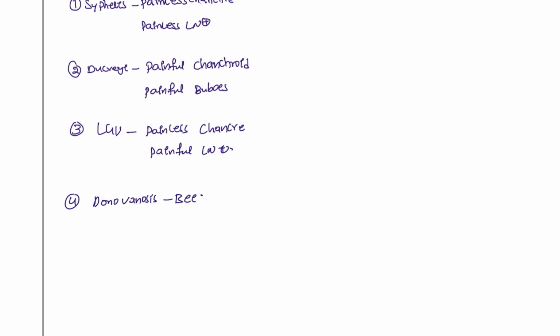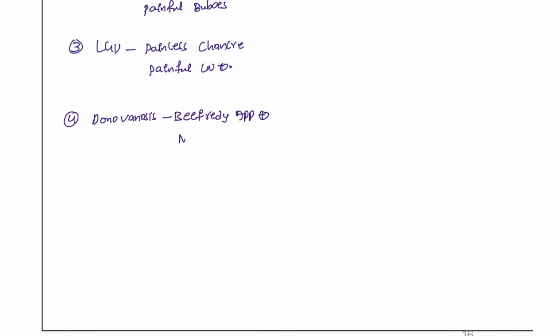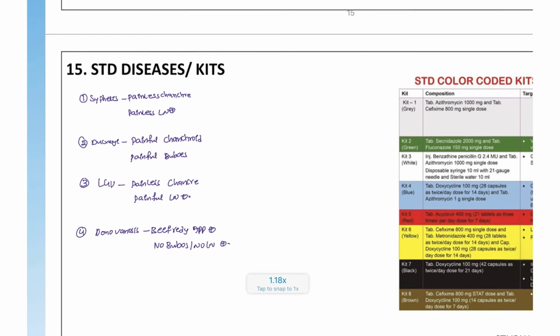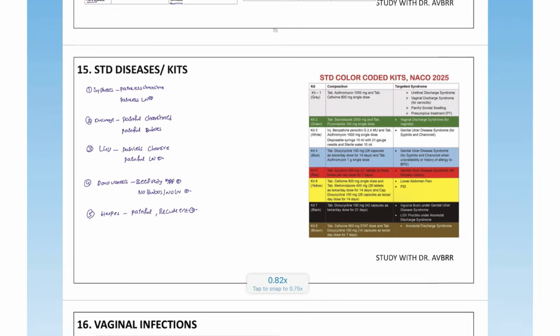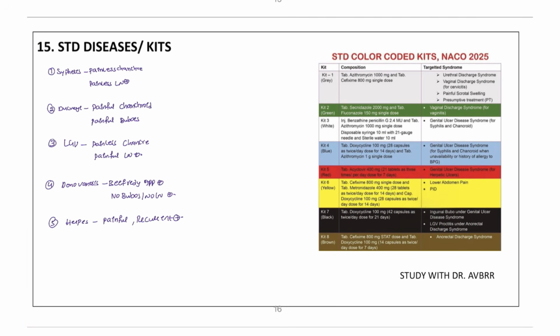Here you see a beefy red appearance, and no buboes or lymphadenopathy are seen in this patient. This is how you differentiate between the STDs. Last but not least, the herpes lesions are very painful and recurrent. These are the types of STD conditions.